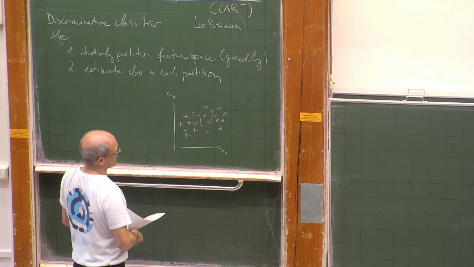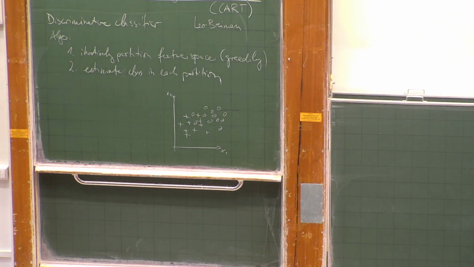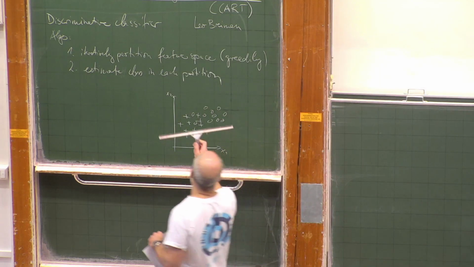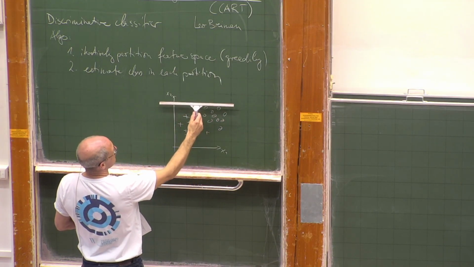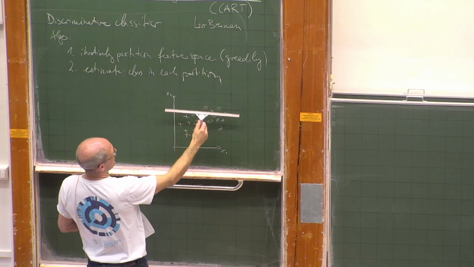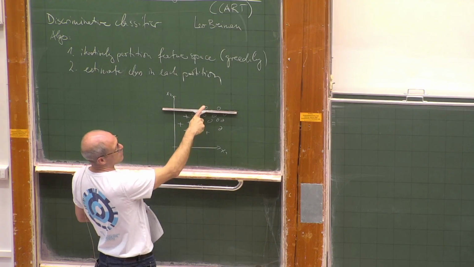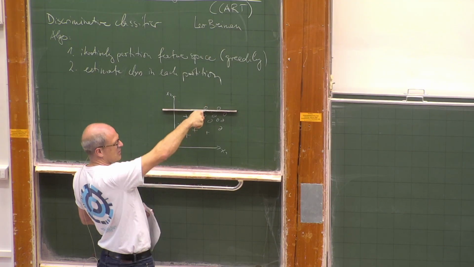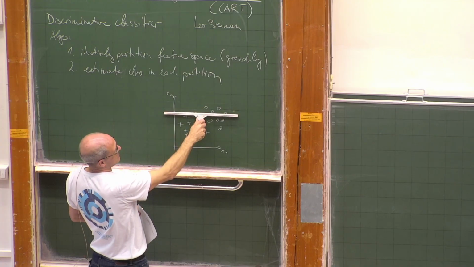So we can ask ourselves, how good is each conceivable split? This split doesn't do anything. This split here, not so bad, because I now get one partition, which is only the circle class, and another partition, which is mixed. This one is even better. I get 3 circles.